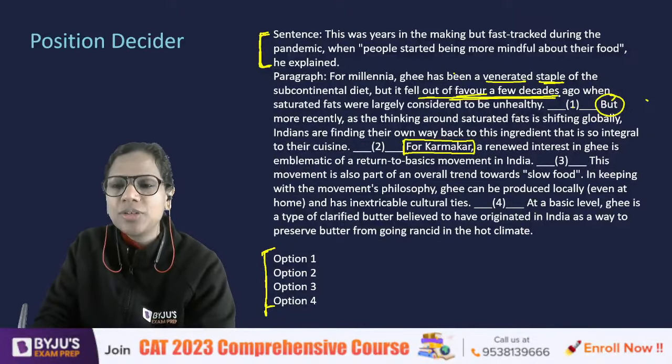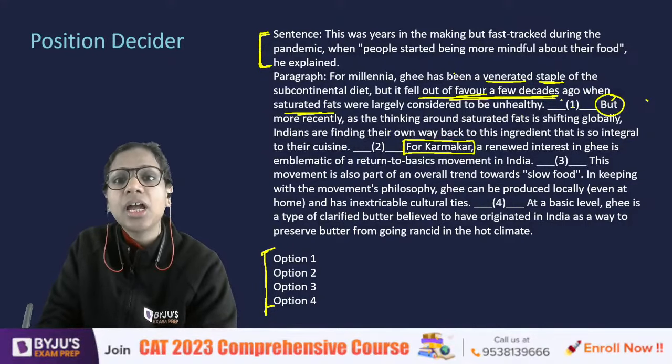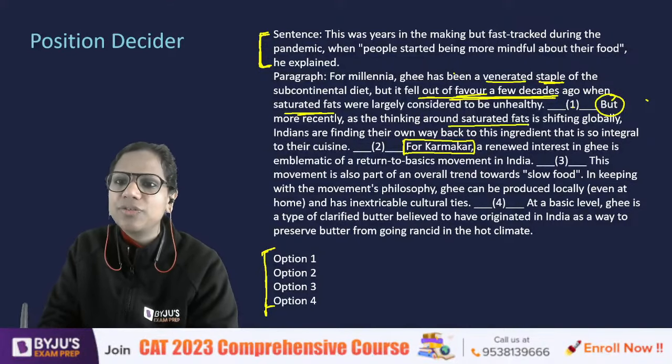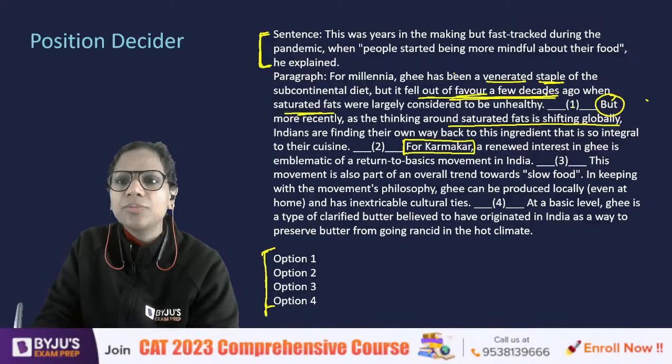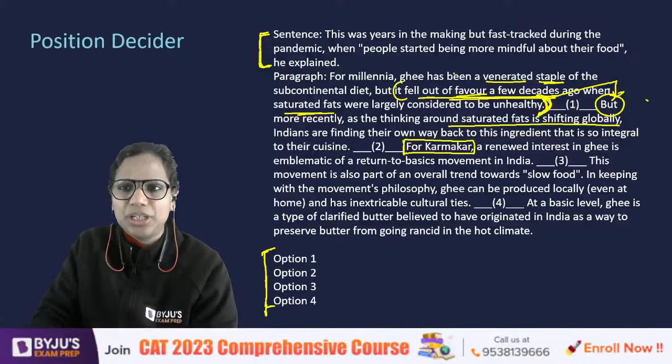It fell out of favor a few decades ago when saturated fats were largely considered to be unhealthy. So, because of health reasons. But more recently, as the thinking around saturated fats is shifting globally. So now, I'm saying that this happened, and then I say, but now the opposite is happening. So there is a clear connection. They are pairs, right? One cannot be the answer.